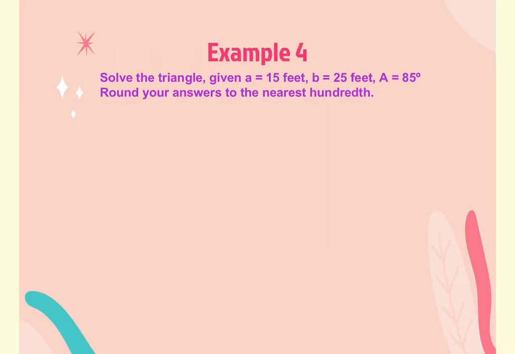We're going to do it again. Set up your triangle. A, B, C. What's given to you is side A is 15, side B is 25, and angle A is 85 degrees. So side, angle here. Two sides and the non-included angle, which means ambiguous case.